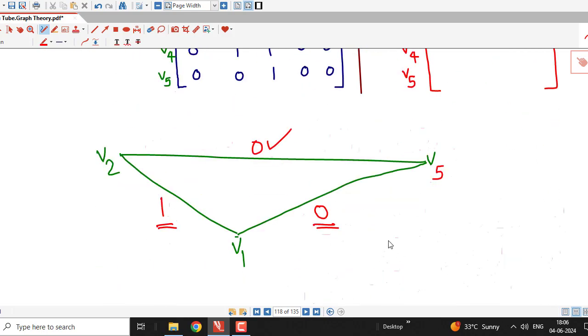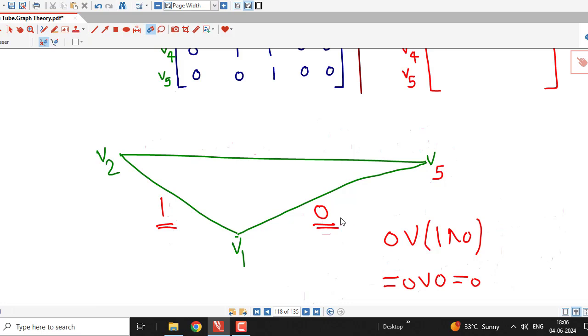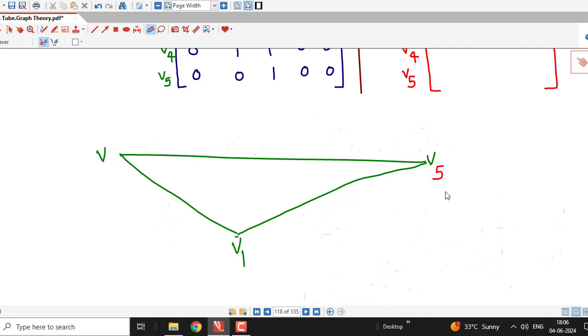We can verify also: 0 or (1 and 0), that is 0 or 0, that will give me 0. So I have completed for V2. So let me remove this. Let me remove this also.